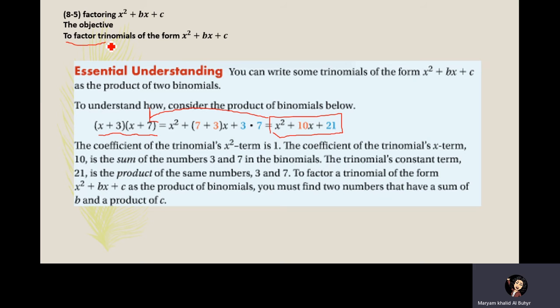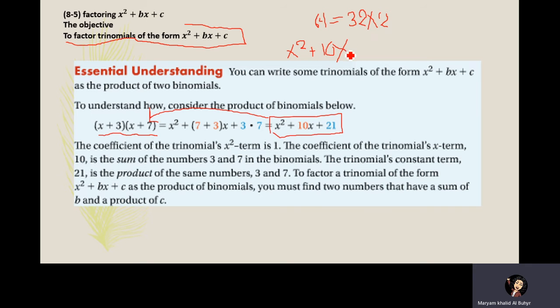Our main objective is to factor a trinomial of this form into two factors, like that. For example, I can factor 64 into 32 times 2. These are factors. It is exactly the same thing if I have a polynomial, or I can say trinomial, because that's what they told me here.